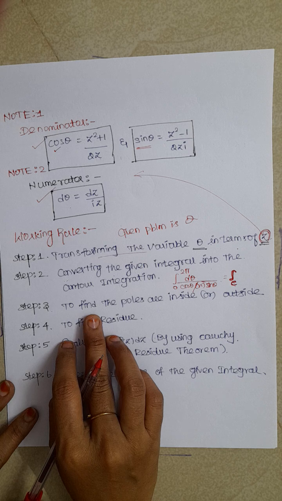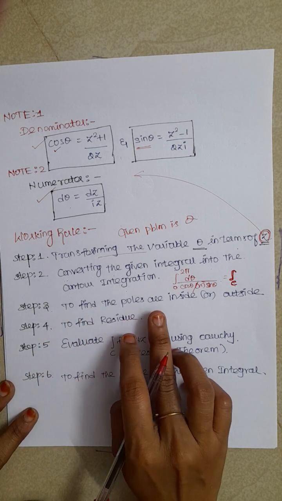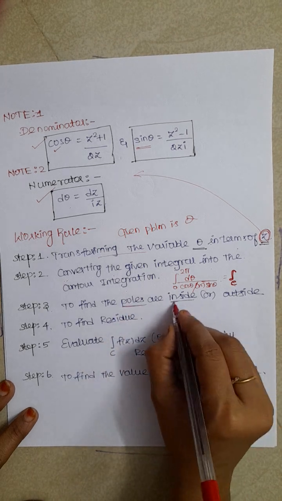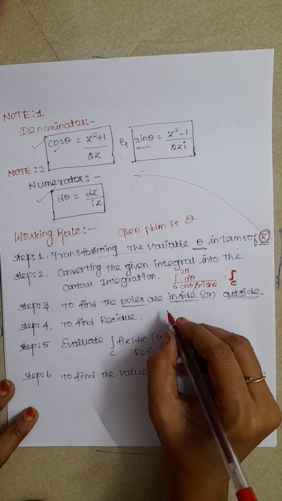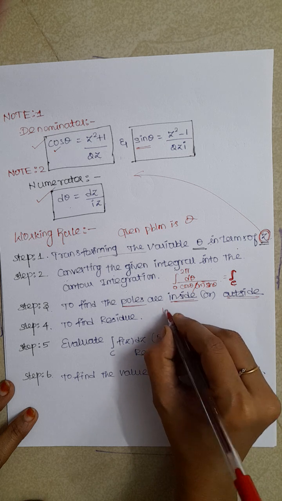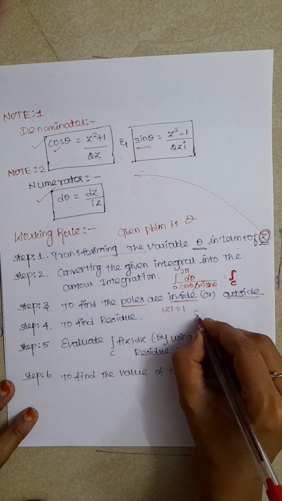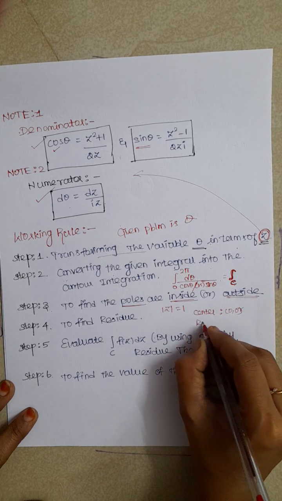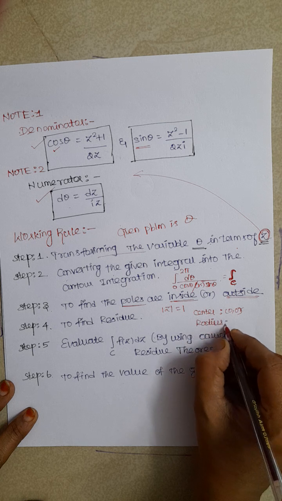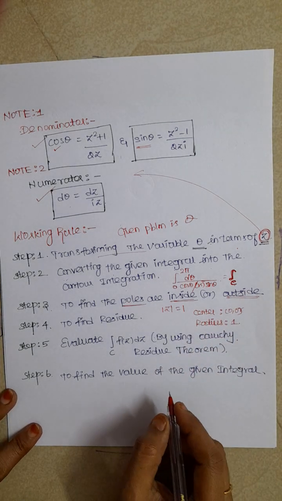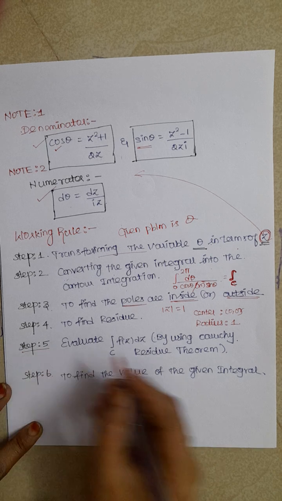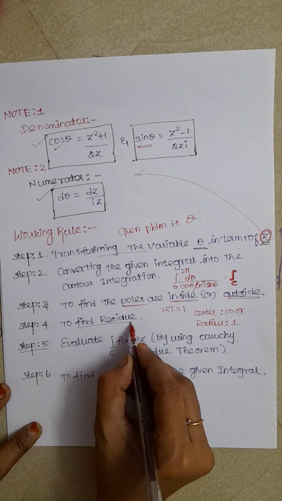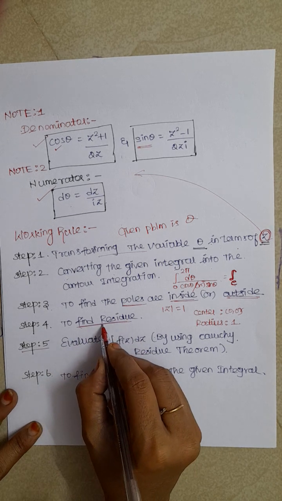Next, step number 3, to find whether the poles are inside or outside. You find whether the poles are inside or outside by using the circle. The circle is modulus of z equal to 1. Center is 0, 0. Radius is 1. Okay. Next, step number 4, to find residue. Residue is of two types.